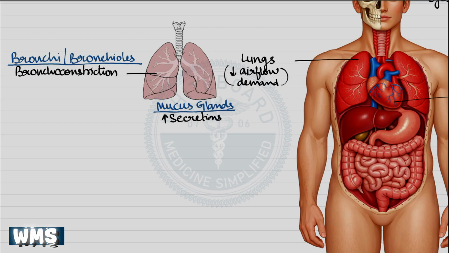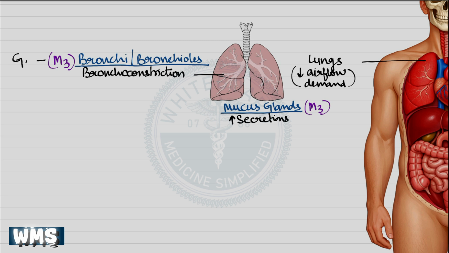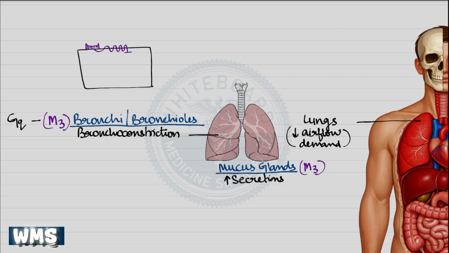The predominant receptor subtype here is the M3 receptor, which is Gq coupled. When acetylcholine binds to these M3 receptors, through Gq activation, intracellular calcium levels increase, leading to contraction of bronchial smooth muscle, resulting in bronchospasm. At the same time, stimulation of M3 receptors on the glands increases mucus secretion. So stimulation of M3 receptors in the lungs leads to bronchoconstriction and increased mucus production.